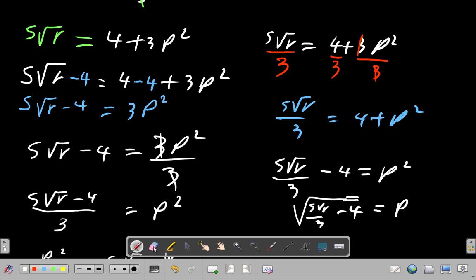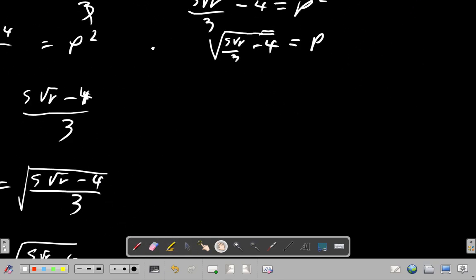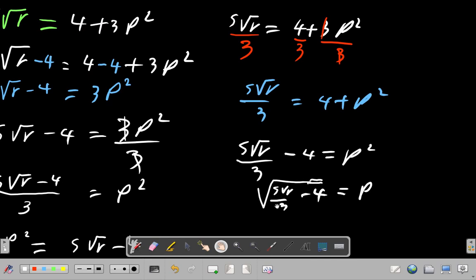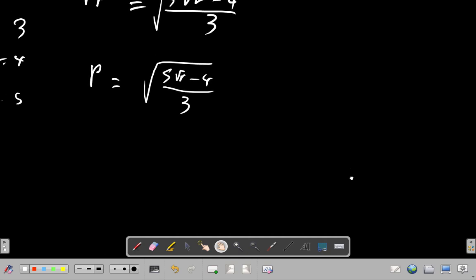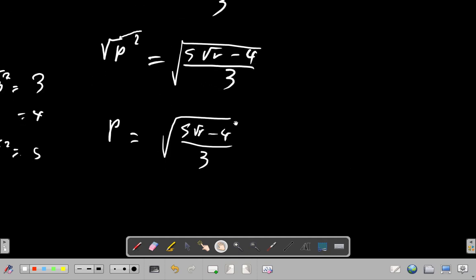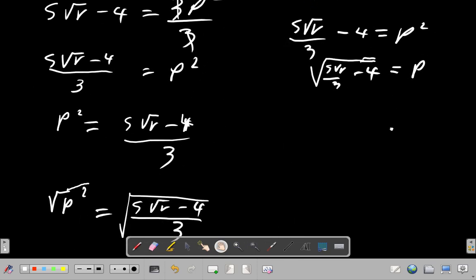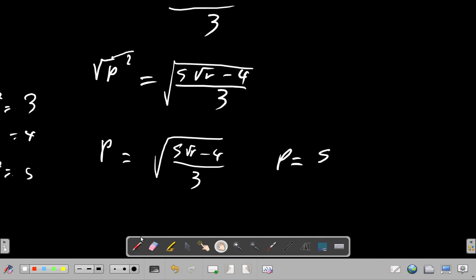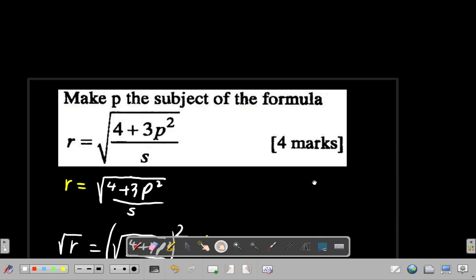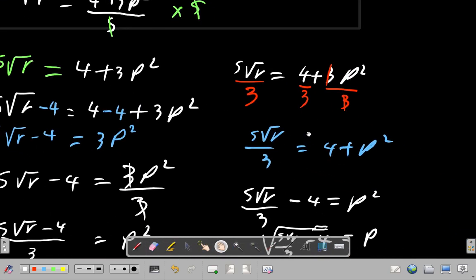Now, you look at this. Square root of s square root of r over 3 minus 4. Alright, let's see. What did we get a while ago? P equals, let me look back at it. s square root of r. I need to write that square root of r properly now.